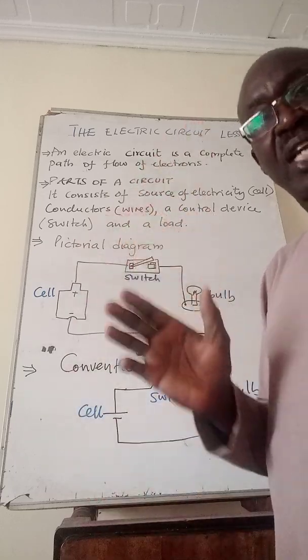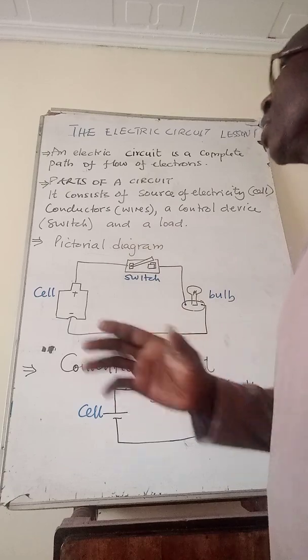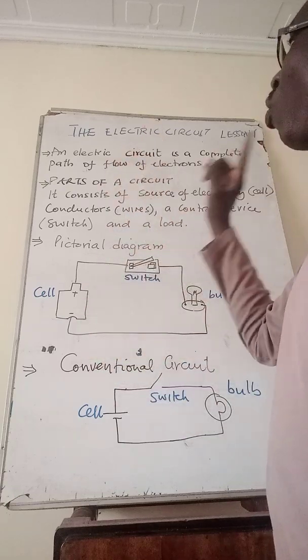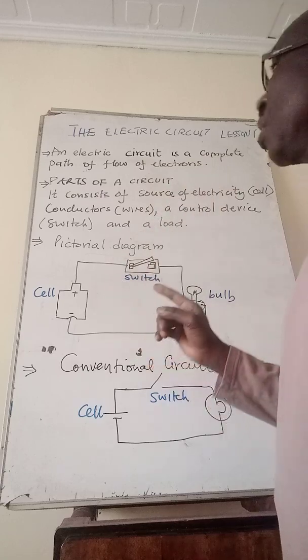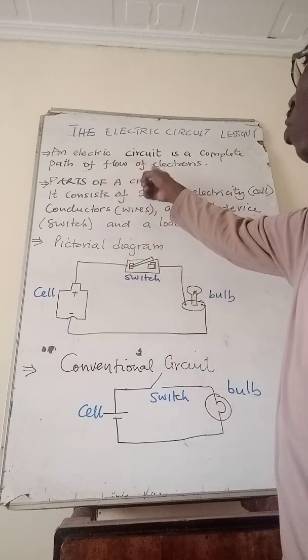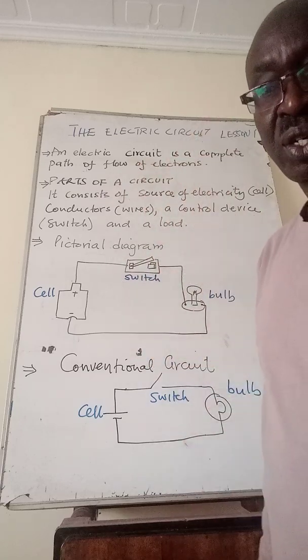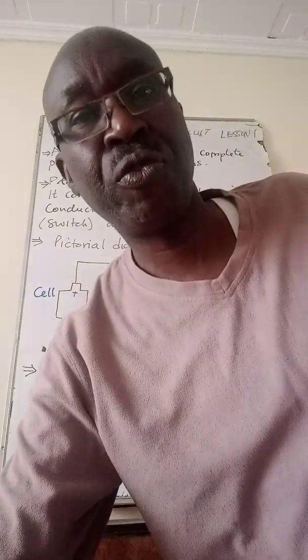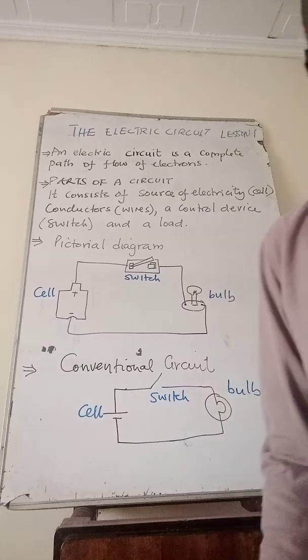What is an electric circuit? This is a complete path of flow of electrons.